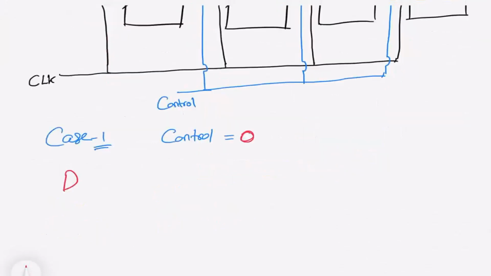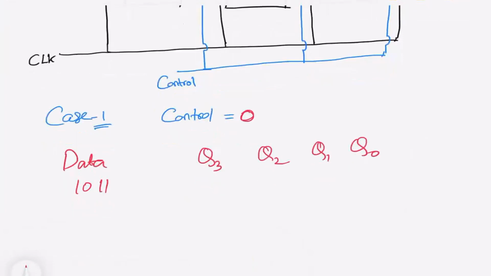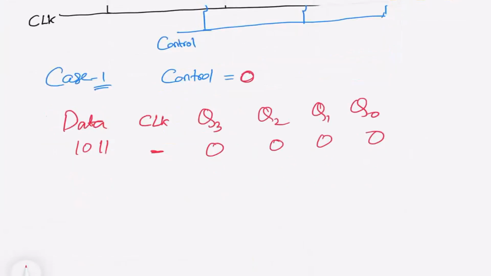So let's say our data which we want to store is 1011. Q3, Q2, Q1 and Q0 are the places where we want to store our data, and previously let's say they are in 0 state, and we haven't applied any data.